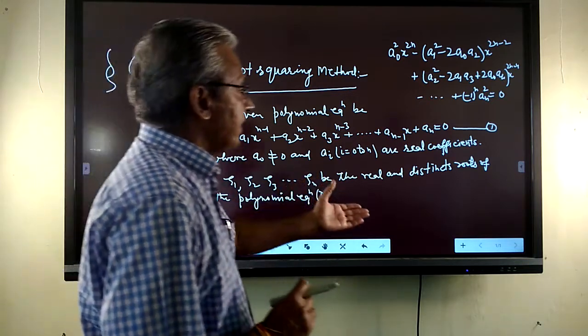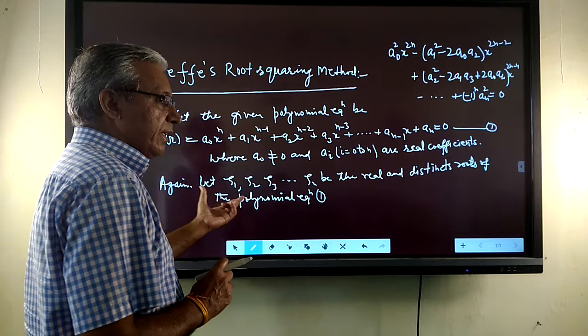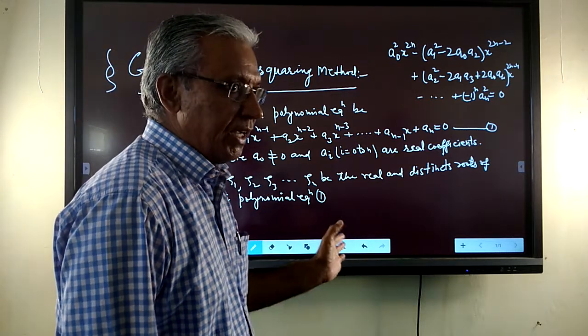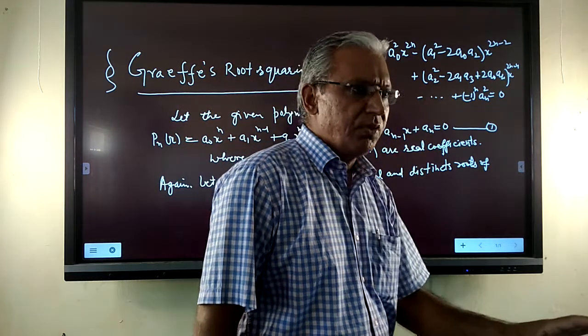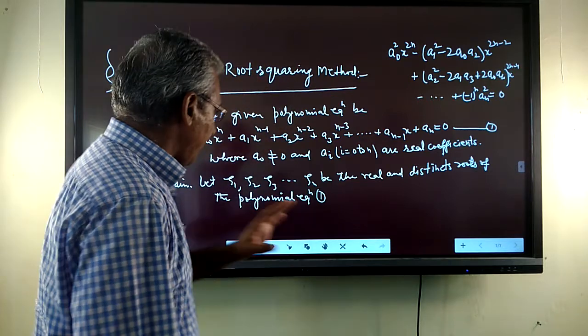In this method, we take even powers of x on one side and odd powers of x on the right side, and then squaring.